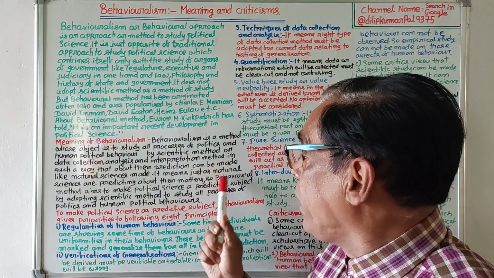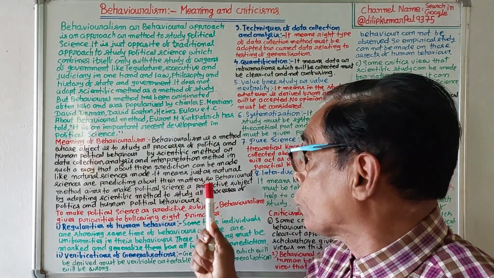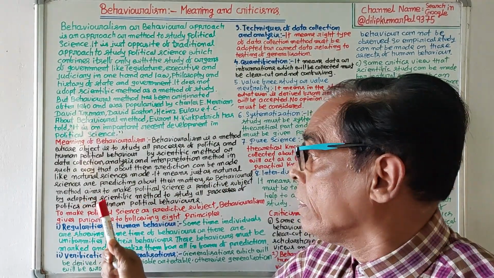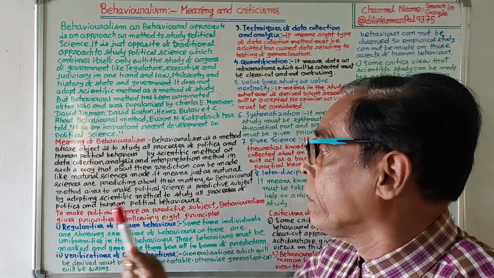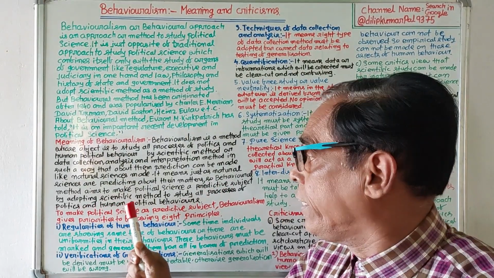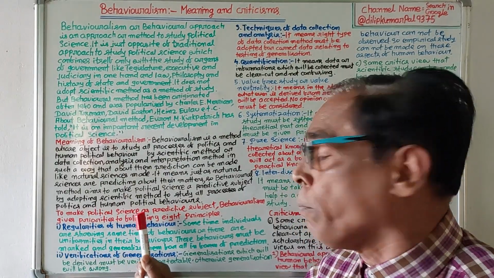It means just as natural sciences predict about their matters, the behavioral method aims to make political science a predictive subject by adopting scientific method to study all processes of politics and human political behavior.